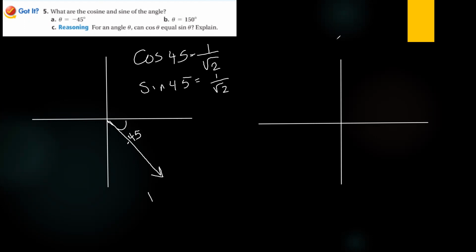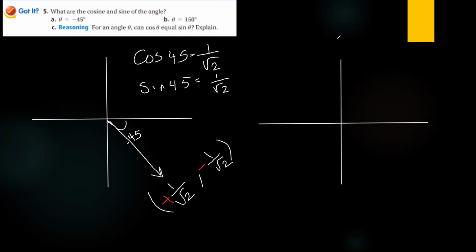I will bring these two coordinates, first the cosine and then the sine. Then the second step, you have to ask yourself, should I put it positive or negative? Let's remember that in quadrant 4, only the cosine is positive. So this will be positive and this will be negative. These are now the coordinates of the angle negative 45.